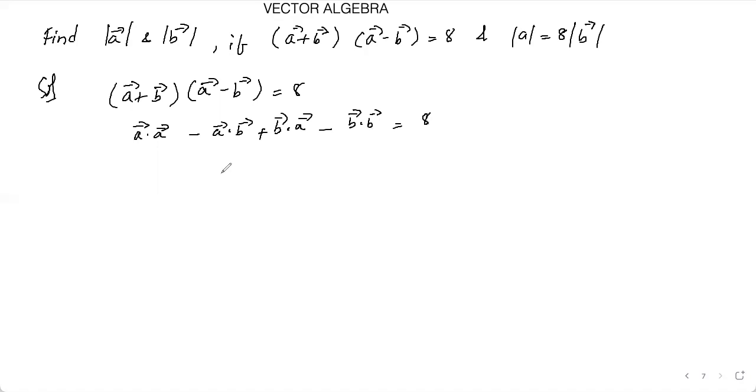So again this we can write as mod A whole square minus mod B whole square, which is equal to 8.